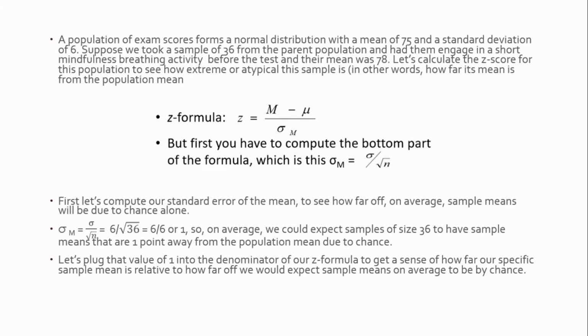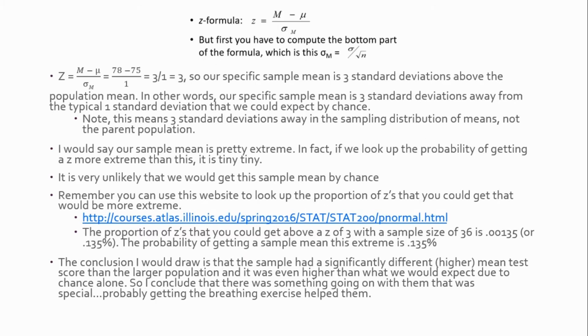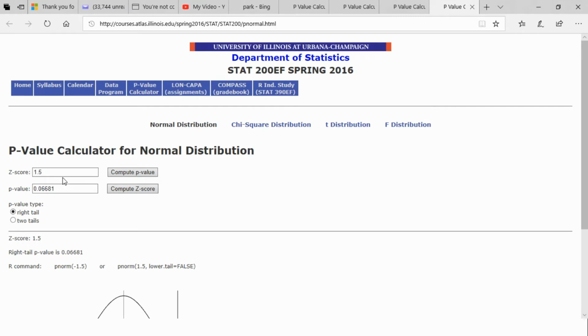The parent population has a standard deviation of 6, okay? That's the distribution of scores in the population, all right? So you can find out the probability of getting a z-score this extreme. If you go to this particular website, I can put in my z-score of 3 and then compute the p-value.